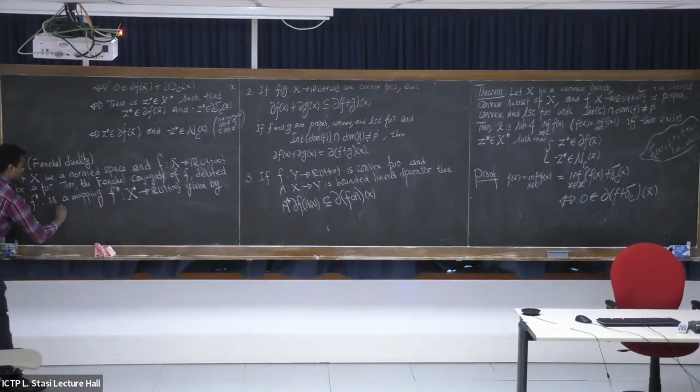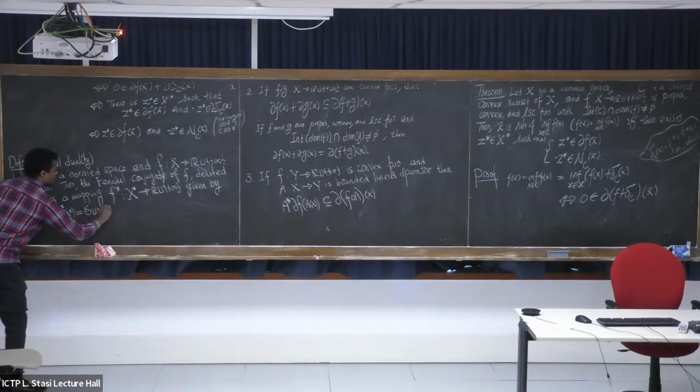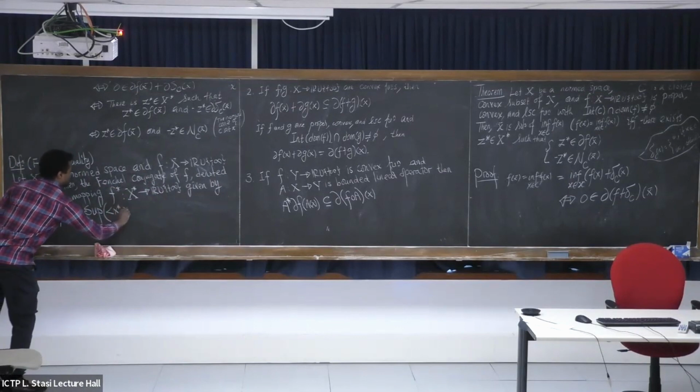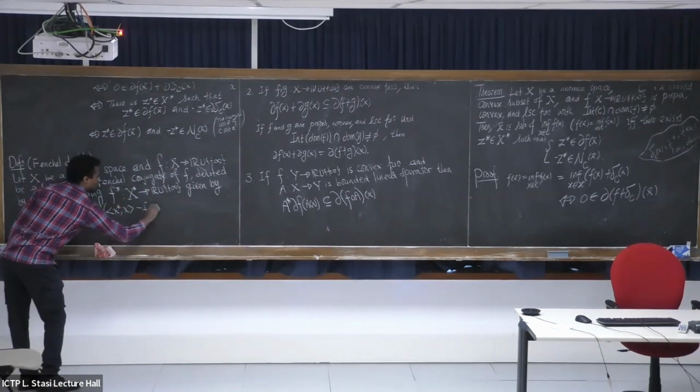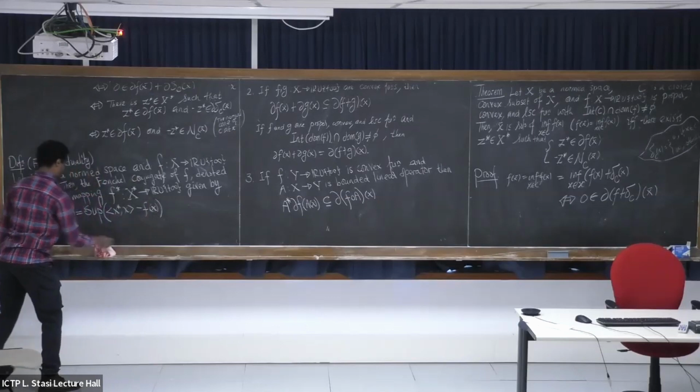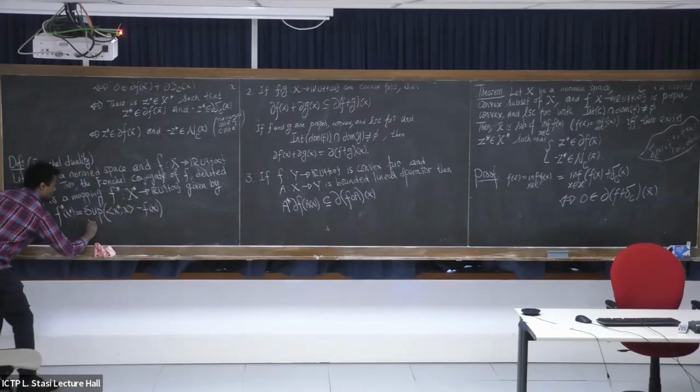f star of x star is the supremum of the inner product of x and x star minus f of x, where the supremum is taken over x.